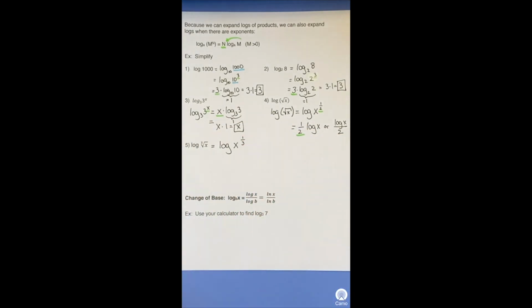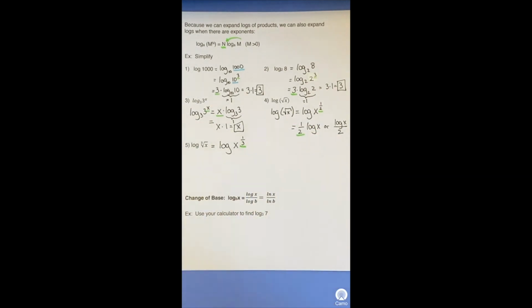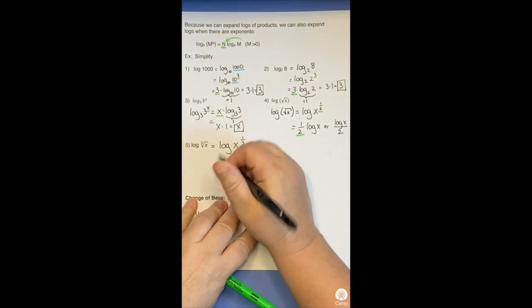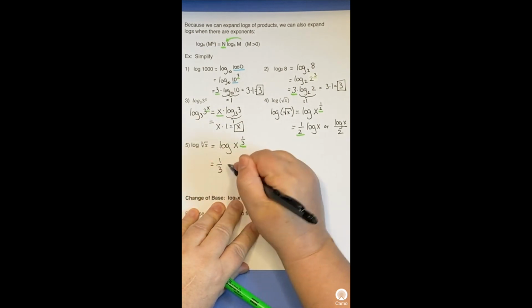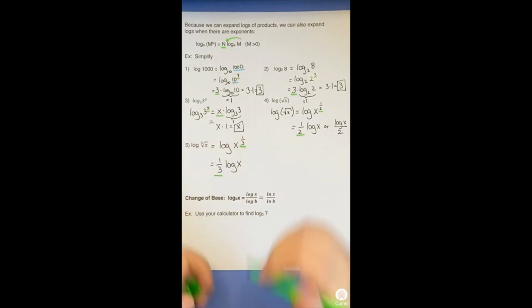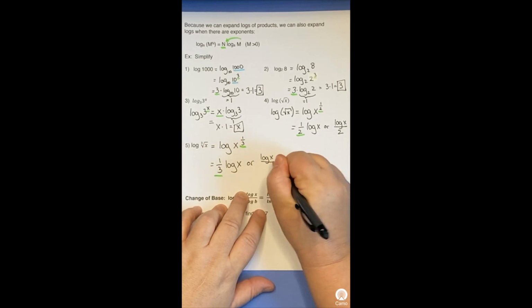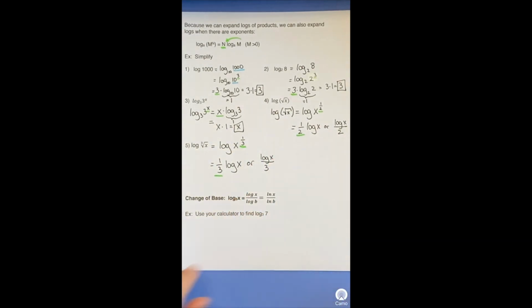We've got an exponent, and at this point I hope you're just like, oh, exponents, get them out, put them in front. And it slides down out in front, and I've got 1/3 log of x, or, just like with the previous one, I also have the option of writing it as log x over 3. So I got 2 different formats. Again, the goal here is options.